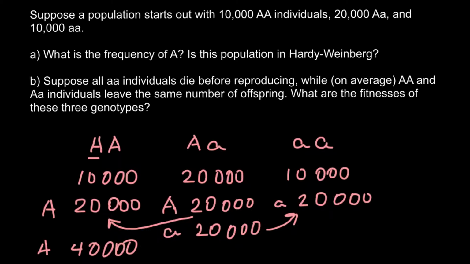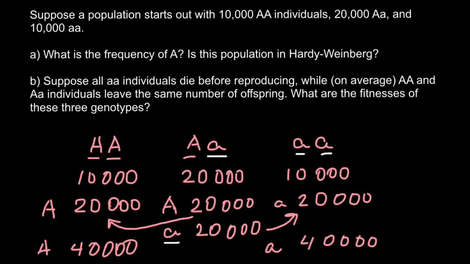And we also have recessive alleles here and also in this genotype. So 20,000 plus 20,000 gives us 40,000 recessive alleles a.